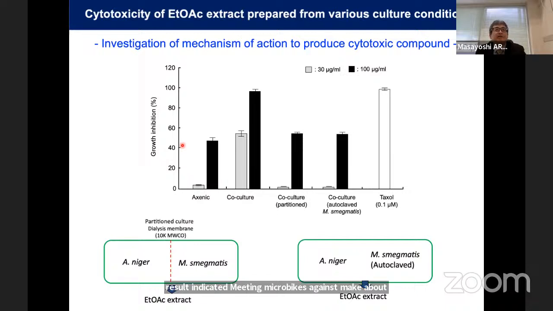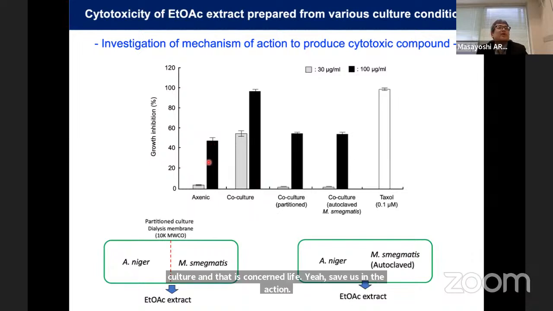So next, as shown here, the Mycobacterium smegmatis and Aspergillus niger were cultured separately by using the dialysis membrane. As a result, the cytotoxic activity of the extract cultured under this condition was the same as in the axenic culture condition.